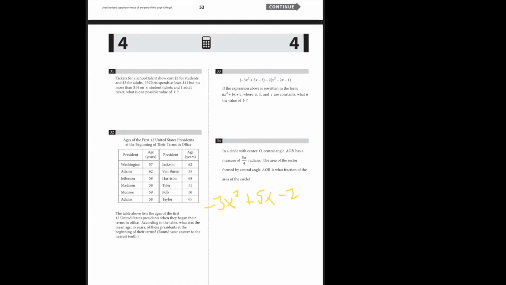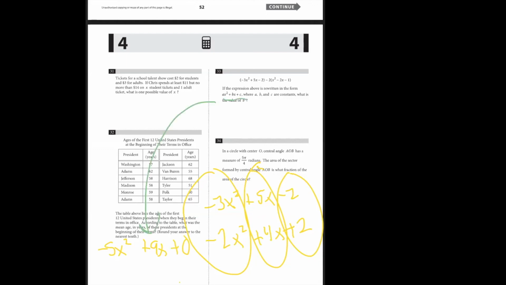If I distribute it to each term, you get negative 2x squared plus 4x plus 2. Now all you have to do is combine like terms. These can combine, these can combine, and these can combine. So this becomes negative 5x squared plus 9x, and that's just a 0, so I'm not going to write anything. Well, you can write 0 if that's easier for you to see. When you compare it to the equation over here, the b matches up with the 9, so b is equal to 9, and that's how you solve that problem.